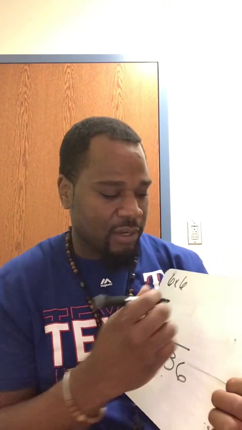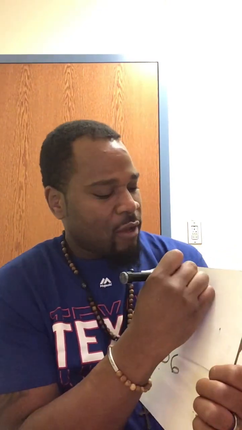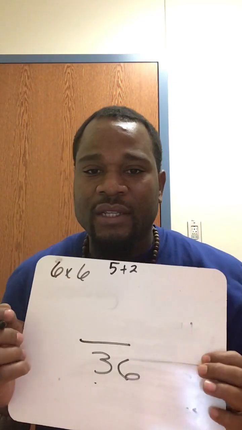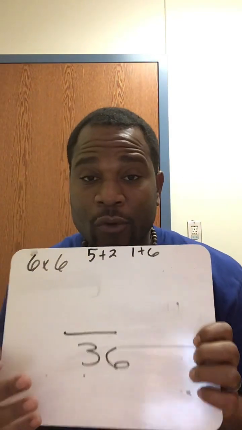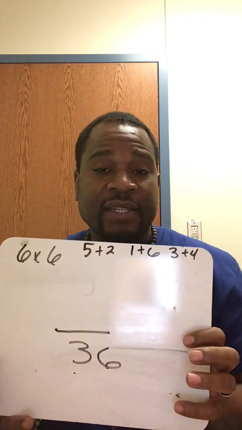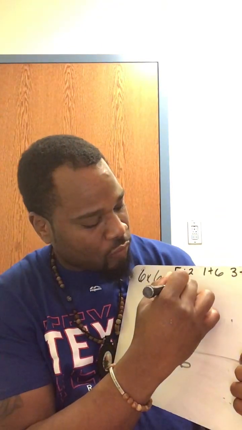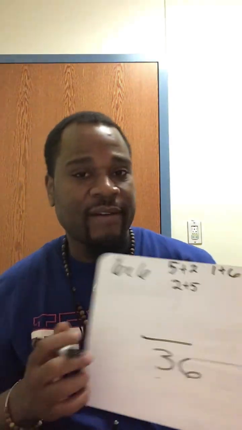Let's add and see, can we get 7? Right now we got a 5 and a 2. I got a 5 plus my 2 equals 7. That's one way. What's another way I can get to 7? I can get to 7 with 1 plus 6. Are there any more ways? Yes, 3 plus 4. Then, on the flip side of 5 plus 2, I can do 2 plus 5.